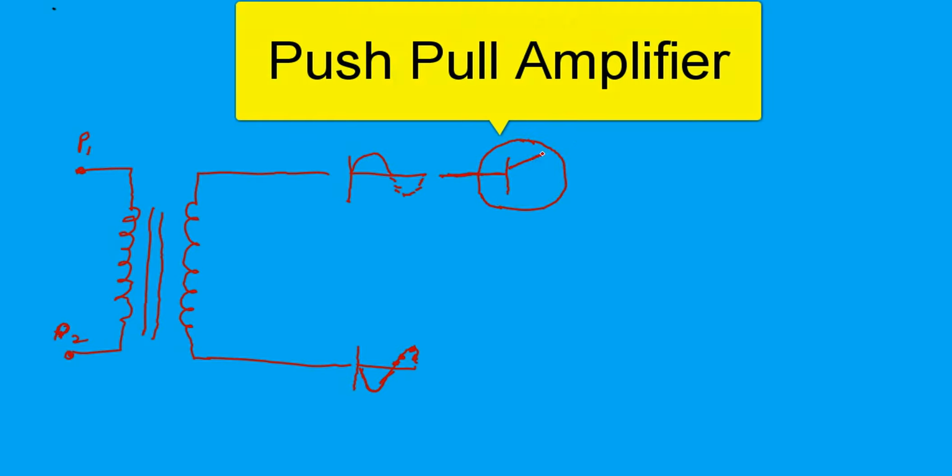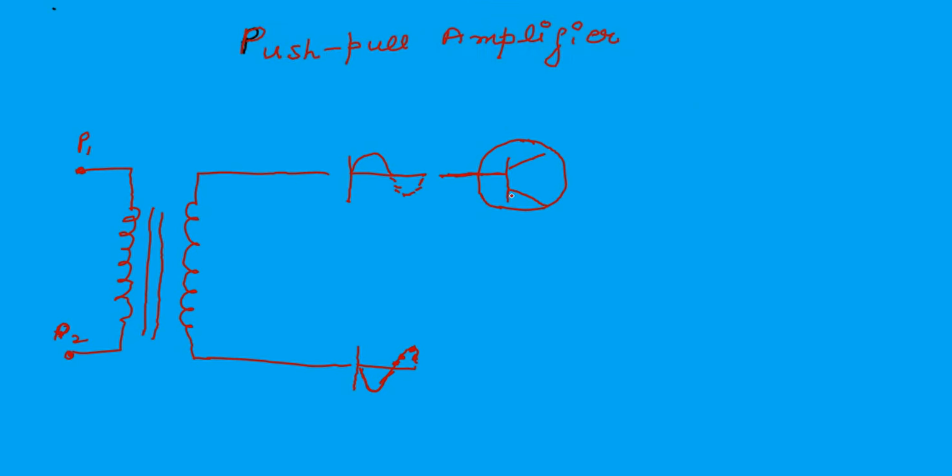One part of the signal is applied to the base of one transistor, and the other part of the signal is applied to the base of the second transistor.